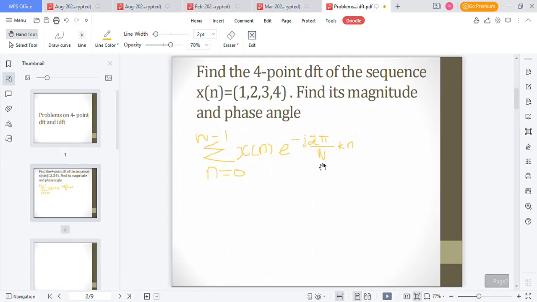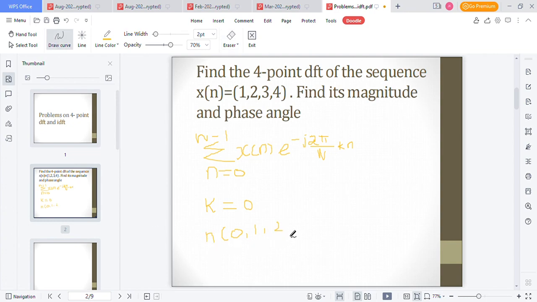Now coming to here, this is my formula, and what you're supposed to do is keep your k as constant. First you keep k equal to 0 and substitute n equal to 0, 1, 2, 3.